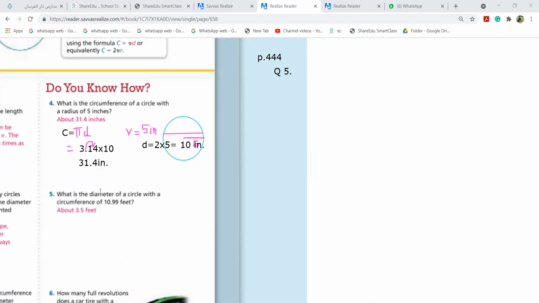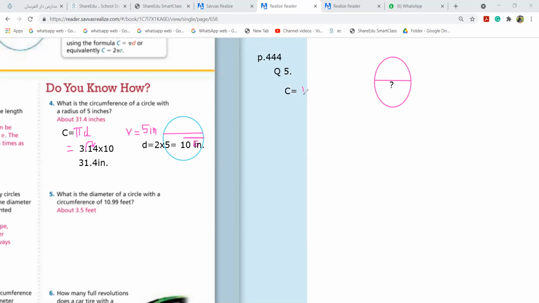We need to find the diameter. And this time, they did not give you the radius. This is unknown. But they gave you the circumference. First of all, write the formula. C equals pi d. Carefully listen to this, girls.